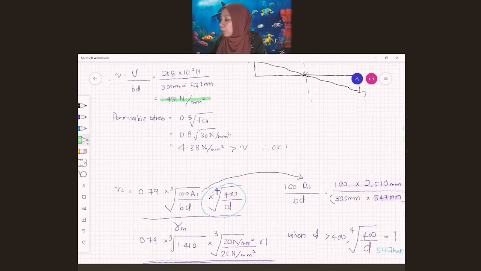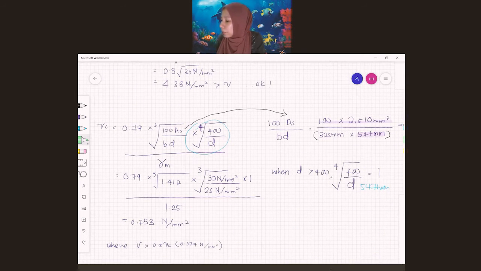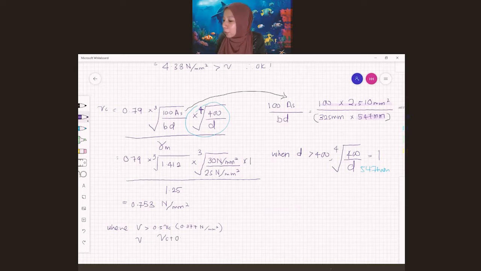So compare 1.451 ni dengan value 0.5 VC, 0.377. So memang V kita, our shear stress at cross section is bigger than 0.5 VC. Okay, and then another one that we need to compare, VC plus 0.4.